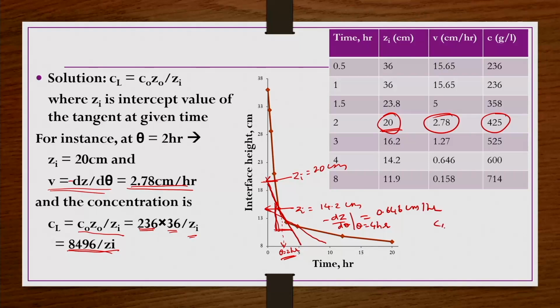And then CL for this time is 8496 divided by zi, 14.2. That is roughly coming out to be 600 gram per liter. Okay. So, this is how we can construct the C versus V information.